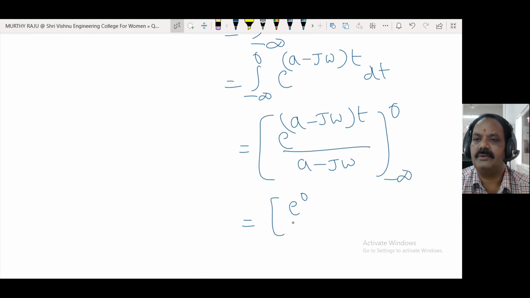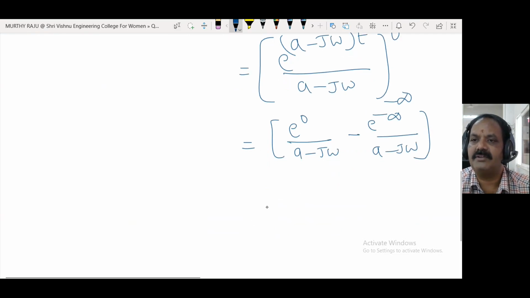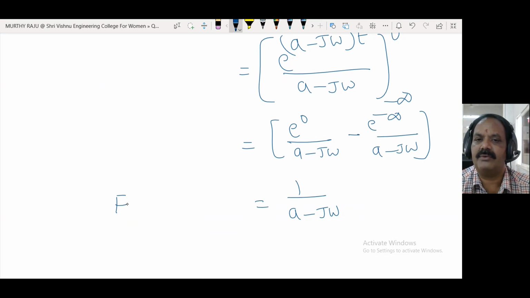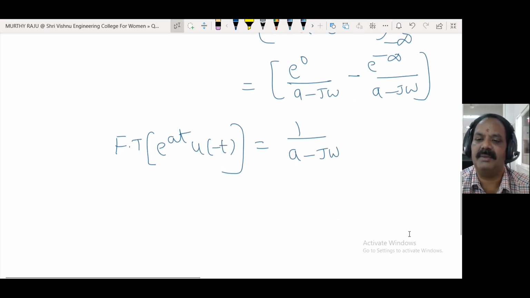That gives e power 0 by a minus j omega minus e power minus infinity by a minus j omega. E power 0 is 1, and e power minus infinity is 0. Therefore, the Fourier transform of e power a t u of minus t is equal to 1 by a minus j omega.